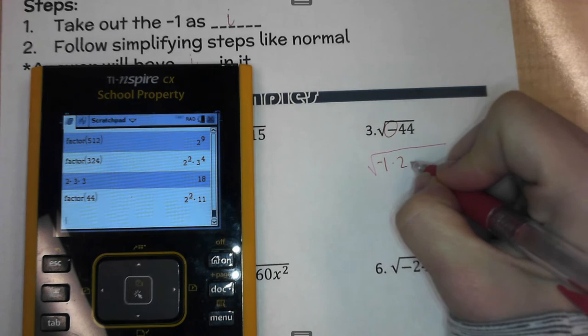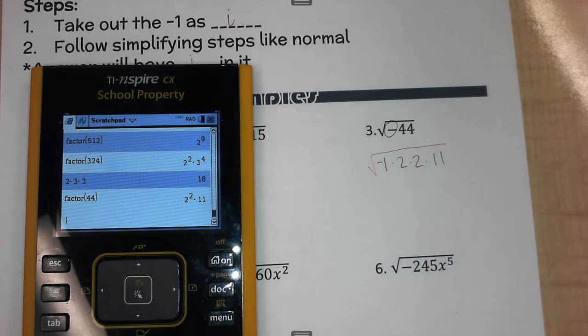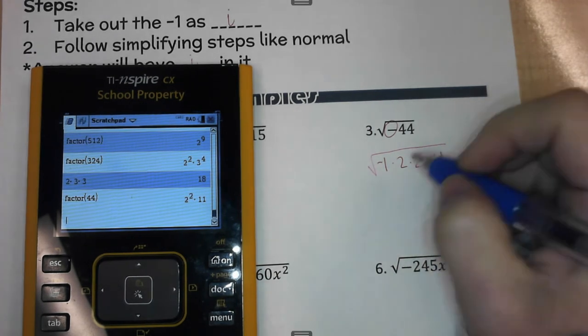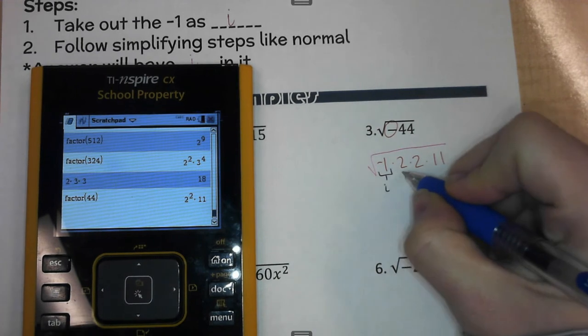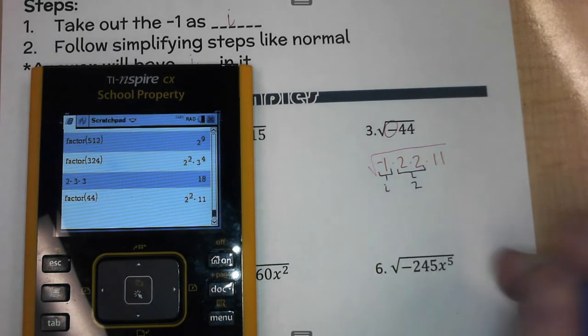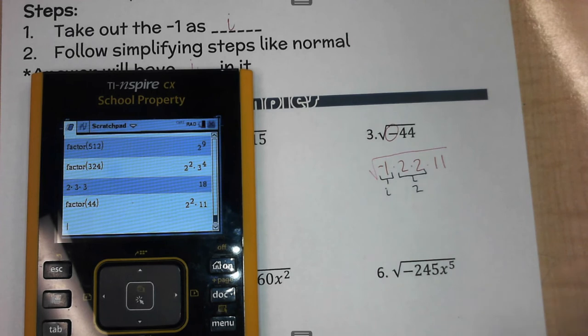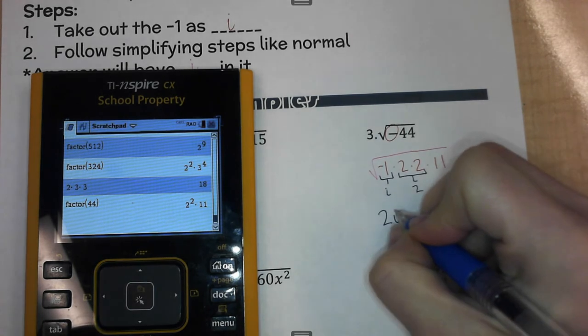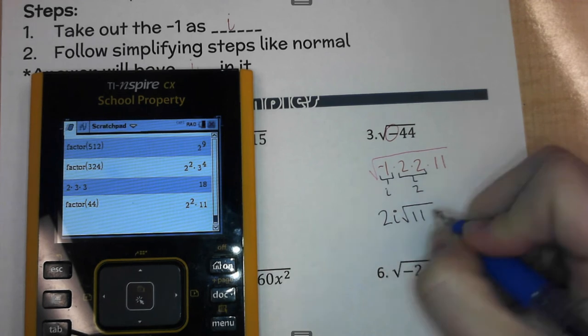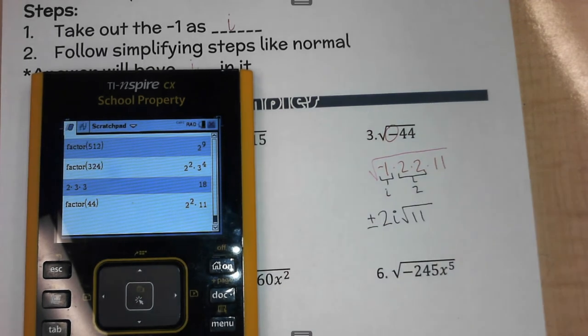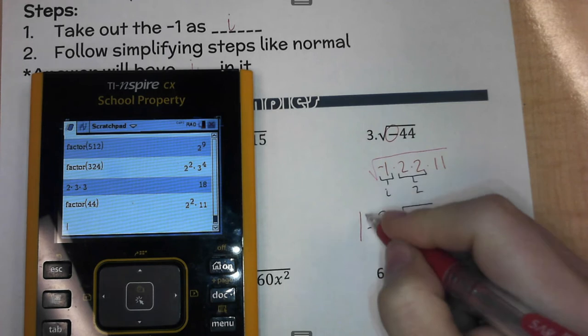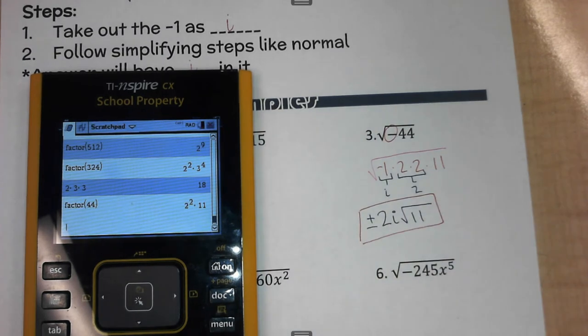We got 2 2s and 1 11. So this is coming out as an i. These are grouped together as a 2. Our 11 is left underneath because it's got no other pair. So outside we've got 2i radical 11. Don't forget your plus or minus outside. This is your answer.